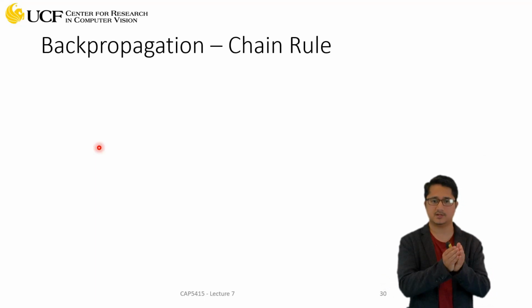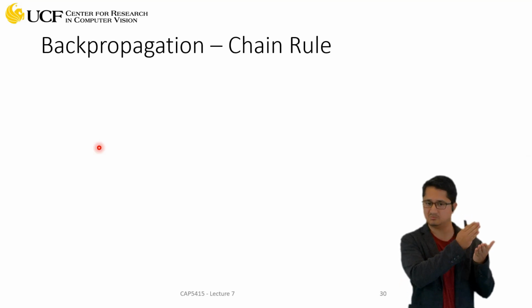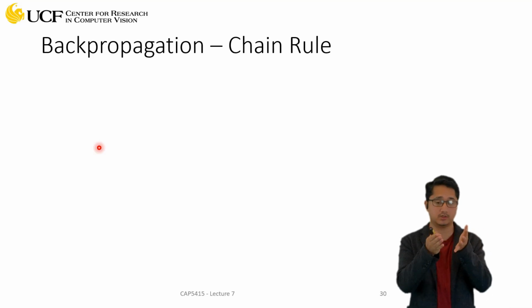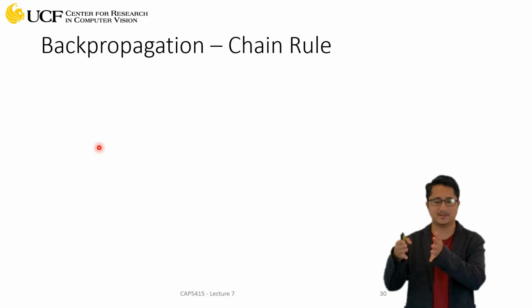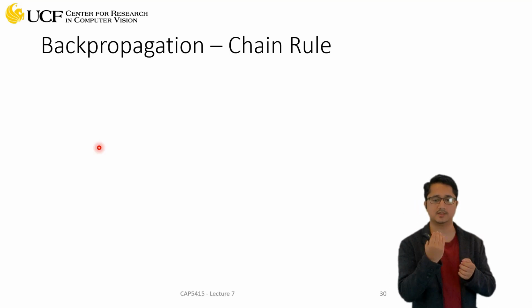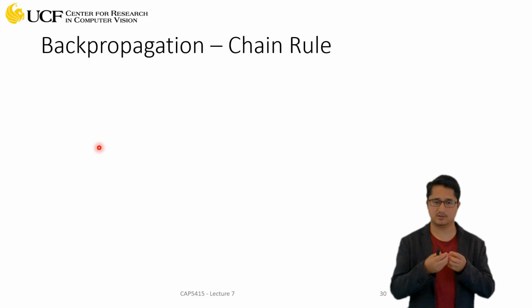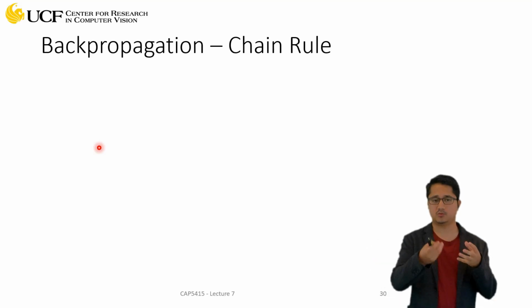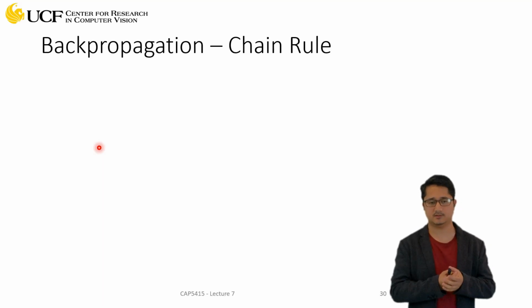So if we start with the first layer and treat that as a function, the input to that function is your input image, or whatever input data point you have. That's going to give you some output, which is again the input for your next layer. So if you treat each of these layers as functions, it's essentially a chain of functions, where the output of one function is the input to the next.